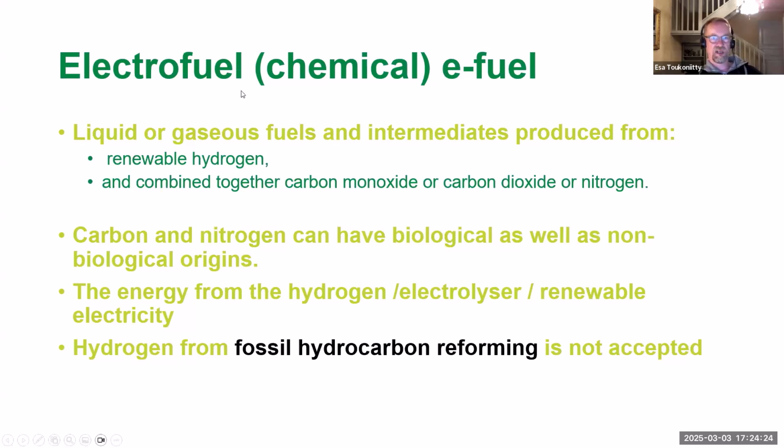So it refers to this electro concept, which basically means the production of chemicals with renewable hydrogen, which is combined in a reactor or electrochemical cell with another carbon source, or, if making ammonia, a nitrogen source. But the key here is the renewable hydrogen, where the energy input for the system mostly comes from.